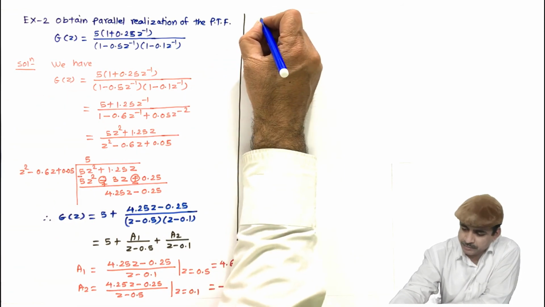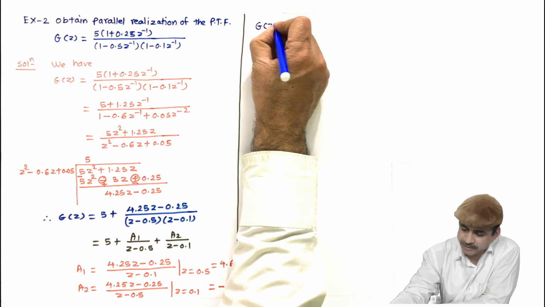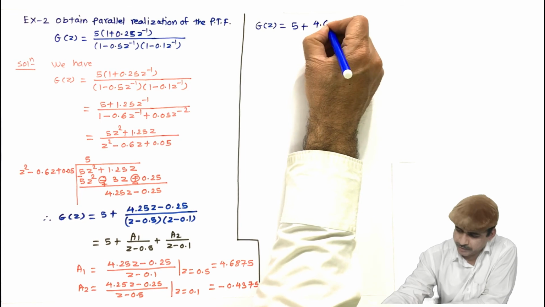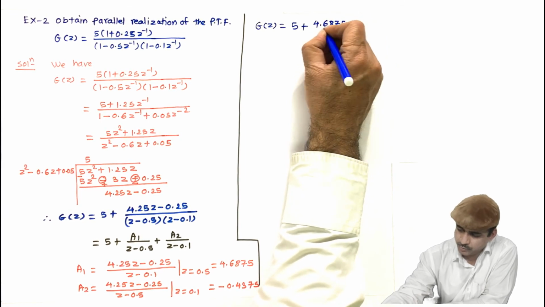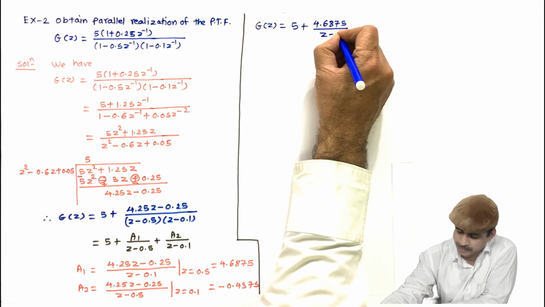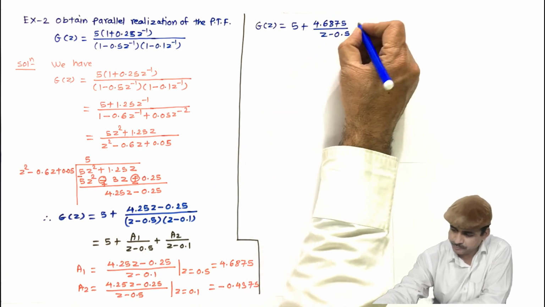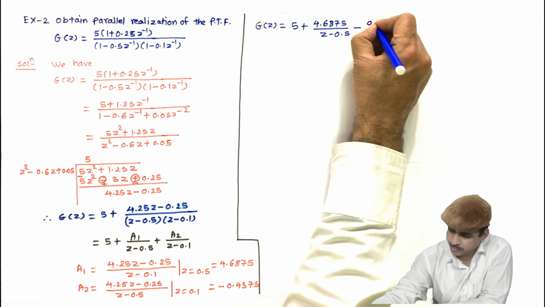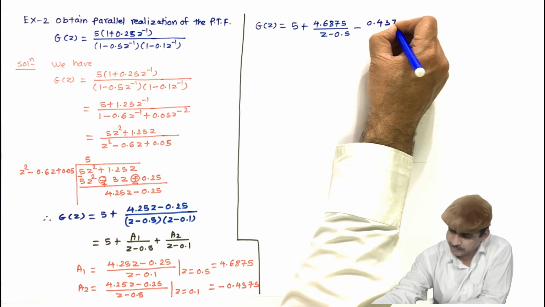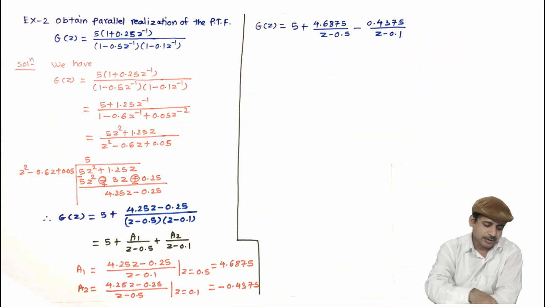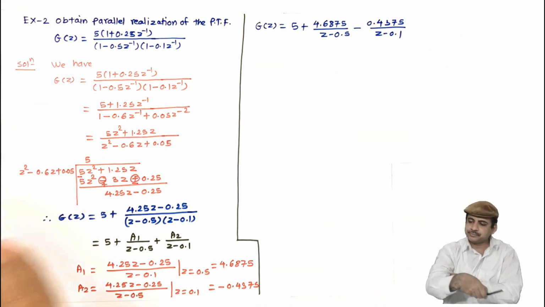And so I can write now g of z equal to 5 plus 4.6875 divided by z minus 0.5, here I am putting a1, minus 0.4375 divided by z minus 0.1. And then now let us realize this.